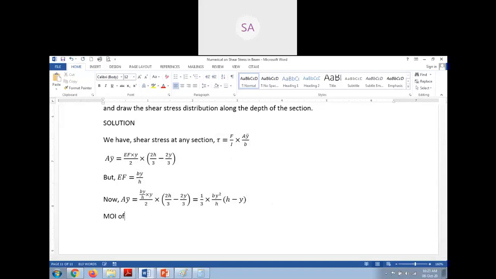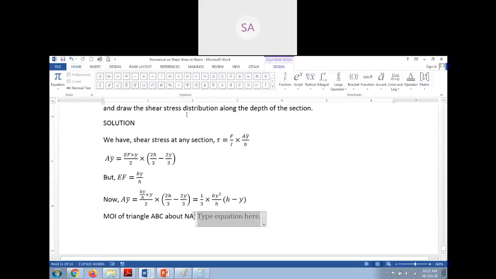Moment of inertia of triangle ABC about neutral axis, right? So it is I_NA, and it is given by BH cube by 36, right?